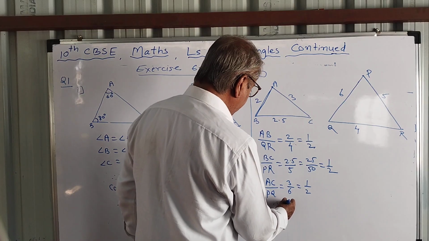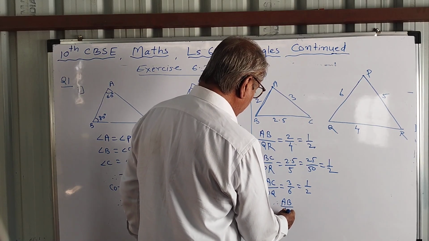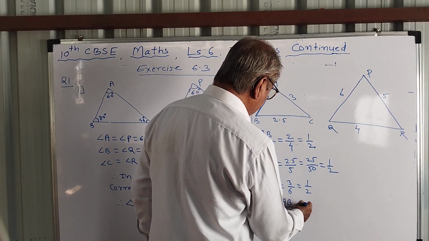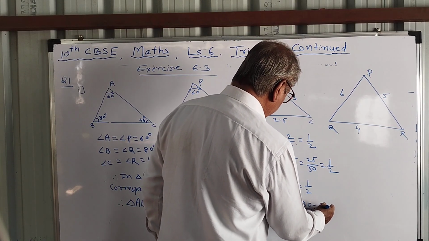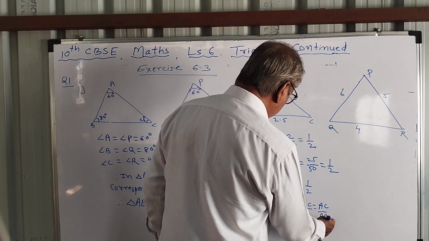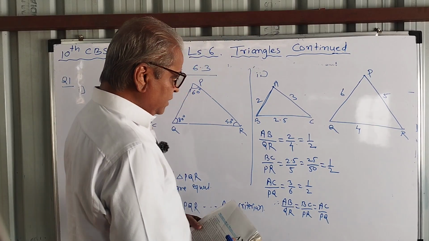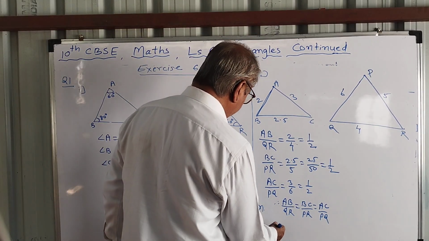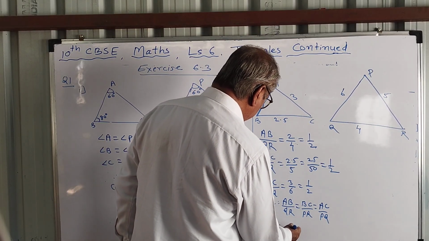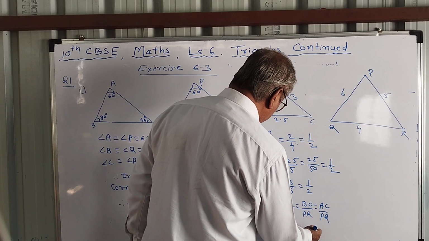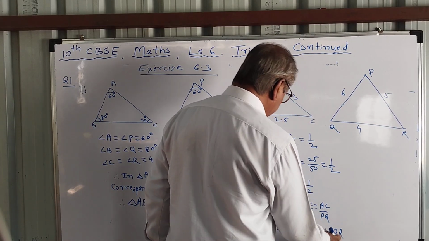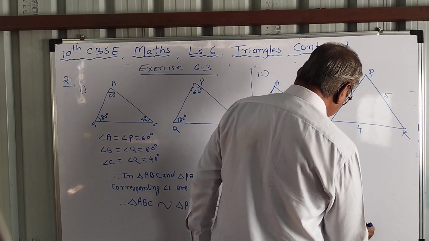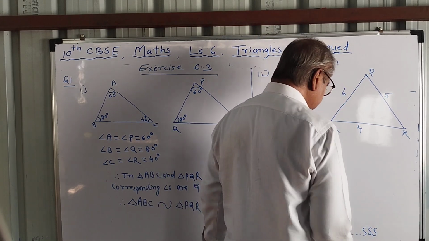Therefore, AB upon QR is equal to BC upon PR is equal to AC upon PQ. Now all sides are in proportion. Therefore, I can finally write triangle ABC is similar to triangle PQR by which criterion? It is by SSS.